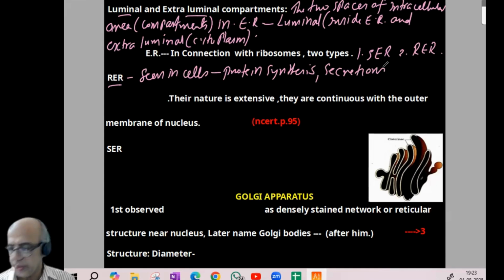Their nature is extensive. They are continuous with the outer membrane of the nucleus, which is important. It is given in NCERT page number 95.